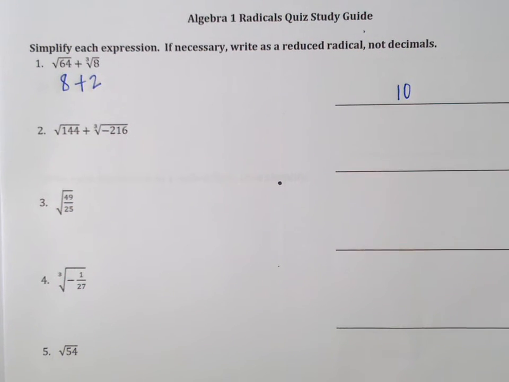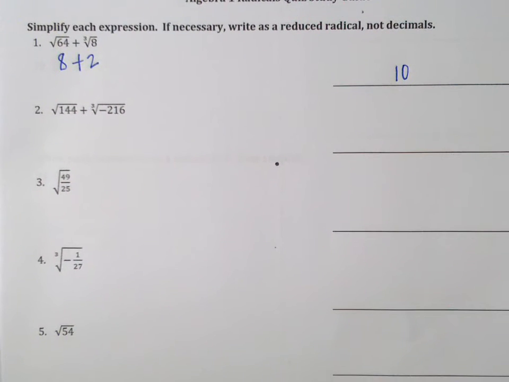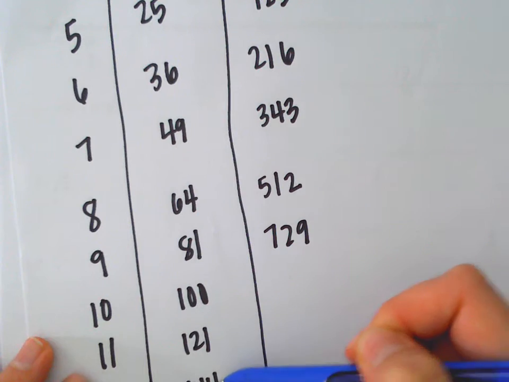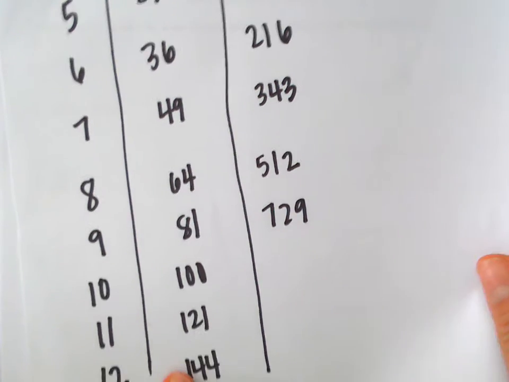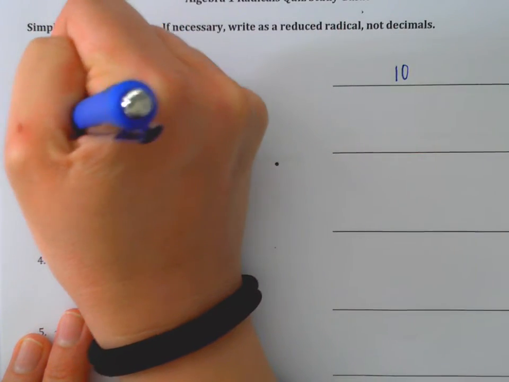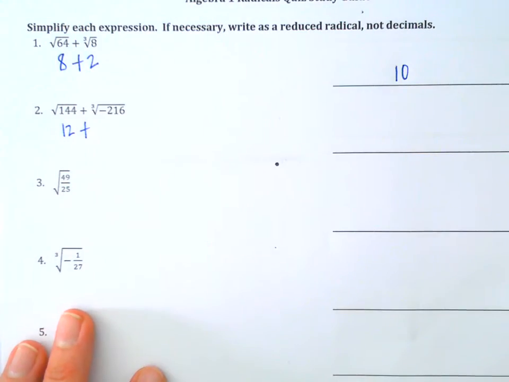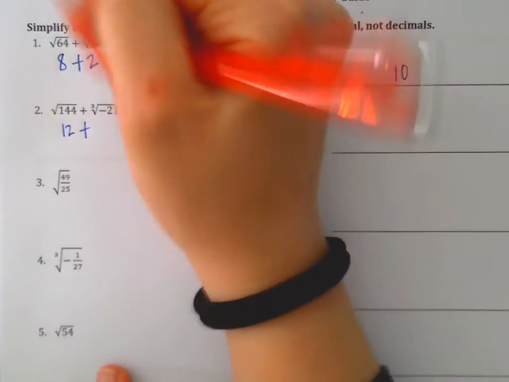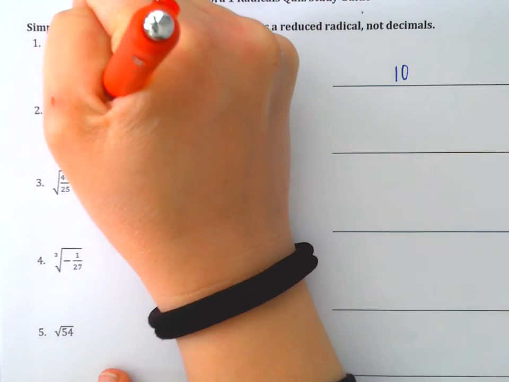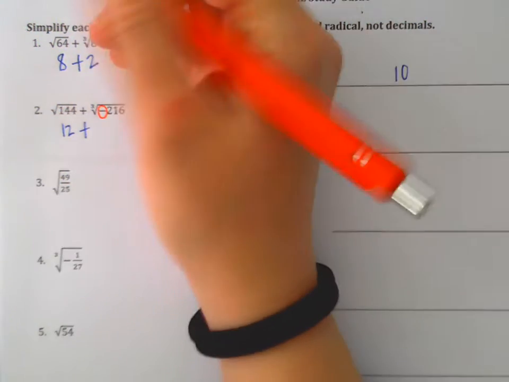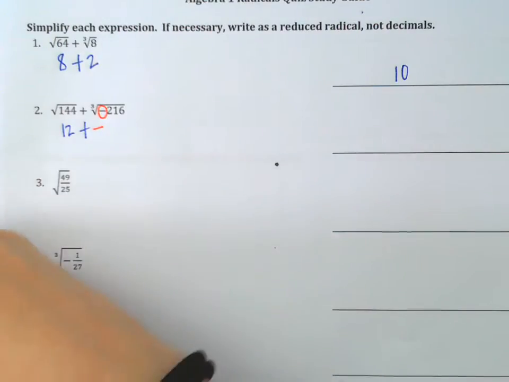Okay, so let's do 2. So I'm thinking, do I know what the square root of 144 is? And I look and see, is 144 in my square list? And it is. Square root of 144 is 12. Now remember, any cube root of a negative number is always going to come out to be negative. So when we see that negative, I instinctively just will bring out the negative.